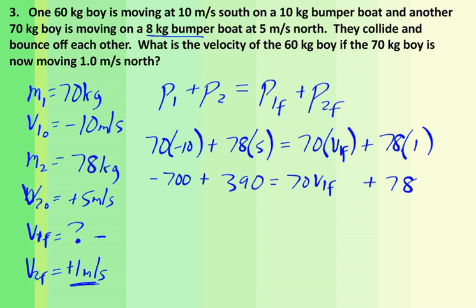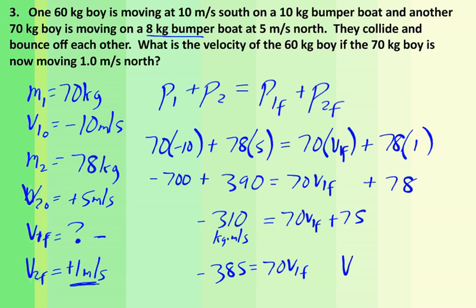Initially, one kid had -700, the other kid had 390. So that means that initially there was -310 kilograms times meters per second of momentum. Afterwards, we know that one kid had 78, and so what was the other boy going to have? Well, we move the 78 over, and we get -385.